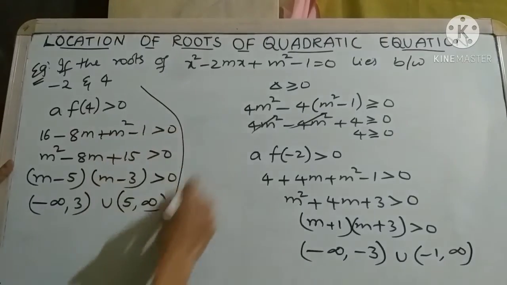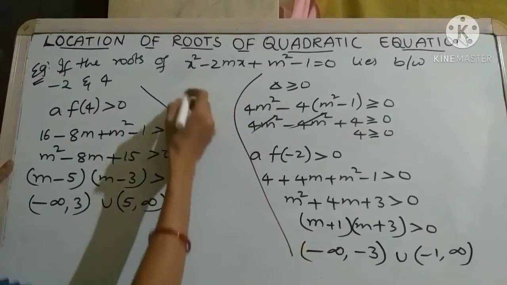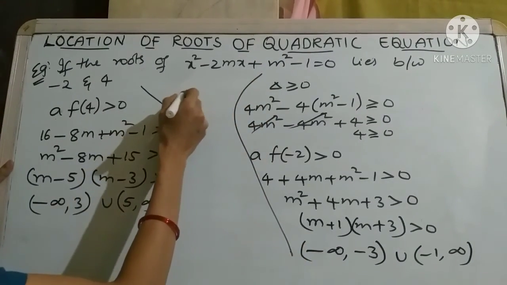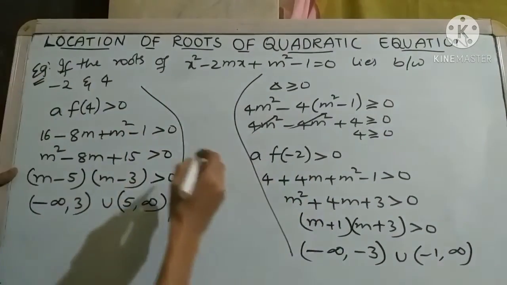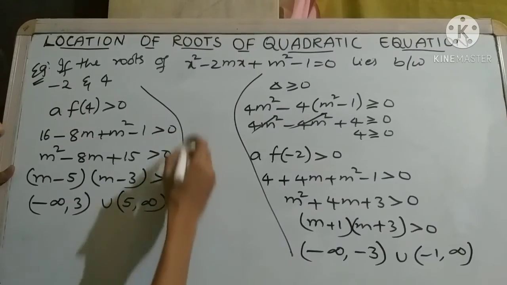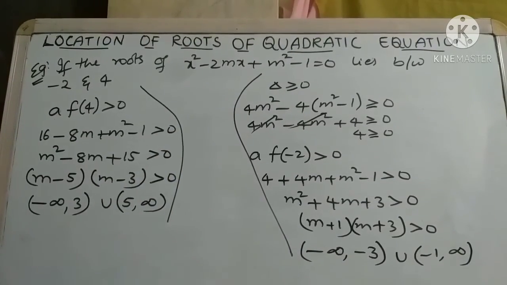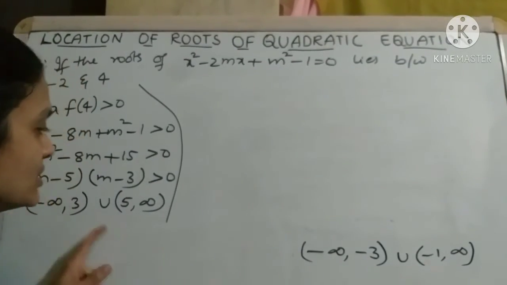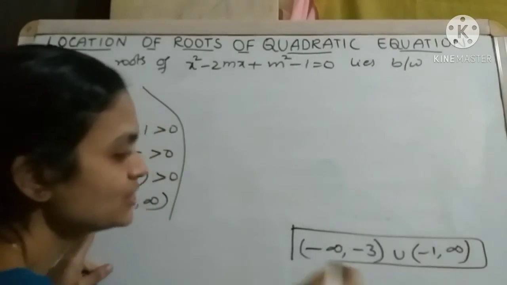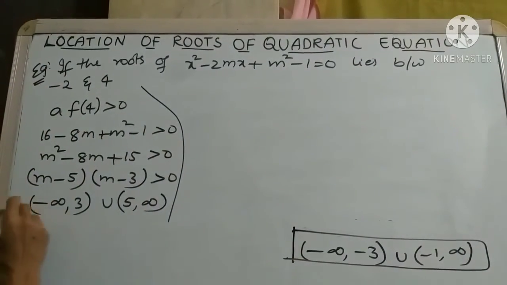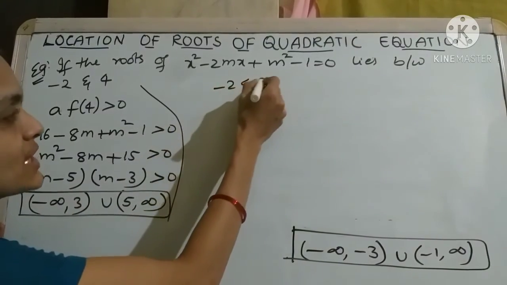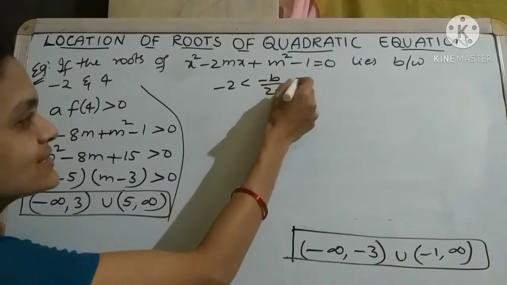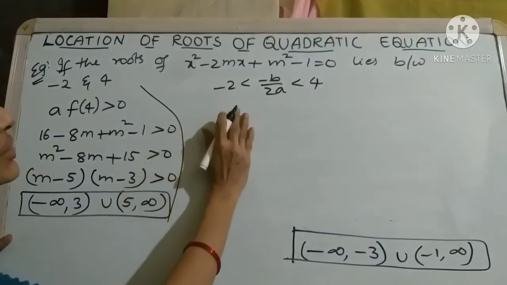Then one more case is there. So this is the first, a into f of minus 2 greater than 0, and this is the second condition. Next, one more: minus 2 less than minus b by 2a less than 4. This condition also you should take.